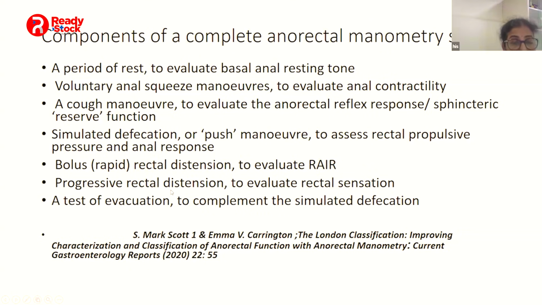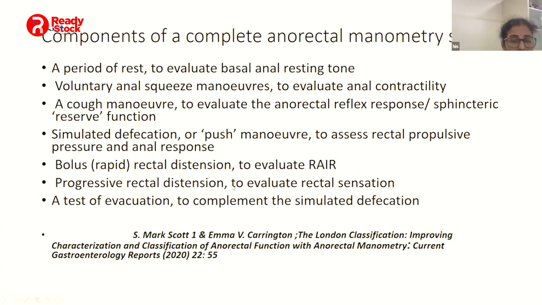In patients with painful anal conditions like a fissure or sometimes with SRUS, patients may have rectal hypersensitivity where they're exquisitely sensitive even to 30 ml of air insufflation. We keep progressively distending the rectal balloon till the patient is able to perceive first rectal sensation, till the patient feels discomfort or significant discomfort when the balloon pressures increase.